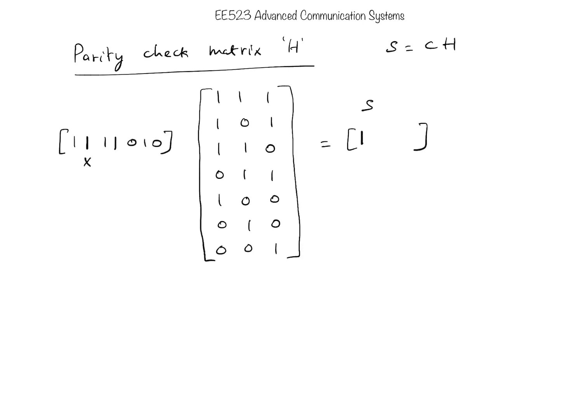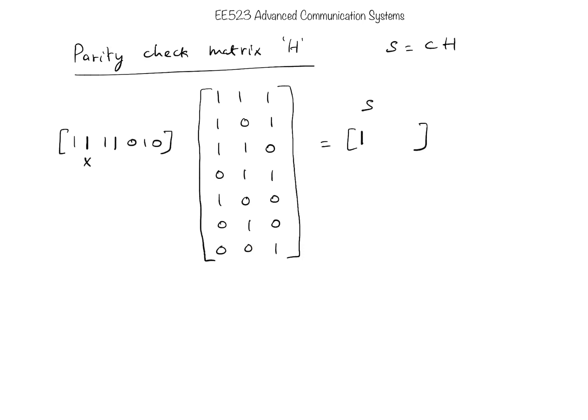Next we'll do it for the second column of the H matrix. So multiply the code word with the second column bit by bit and add them. So 1 into 1 is 1, 1 into 0 is 0, so 1 plus 0, 1 into 1 is 1, so that's another 1, so the total is now 2, 1 into 1 is also 1, so the total becomes 3, 0 into 0 is 0, 1 into 1 is another 1, so the total is now 4, 0 into 0 is 0.